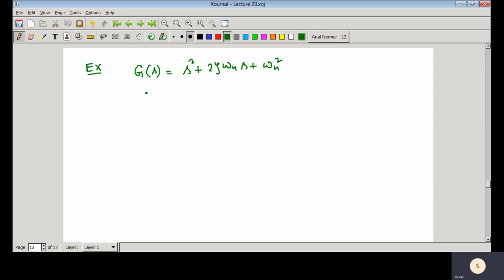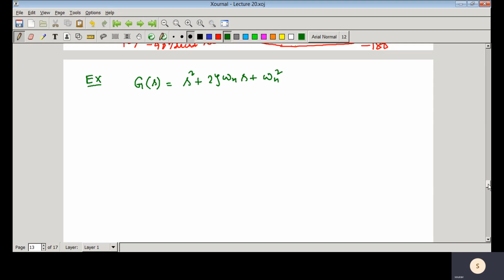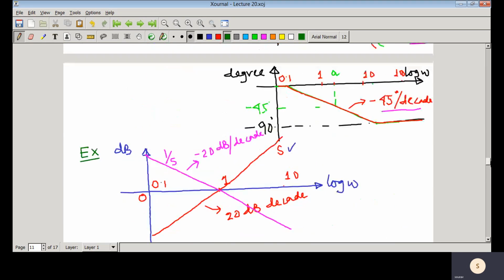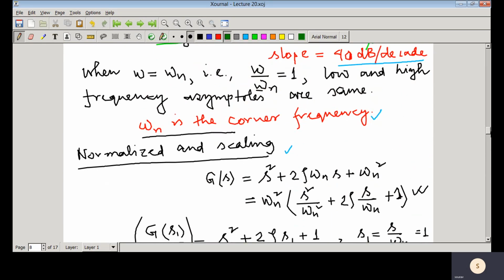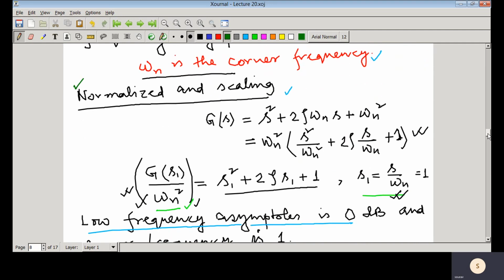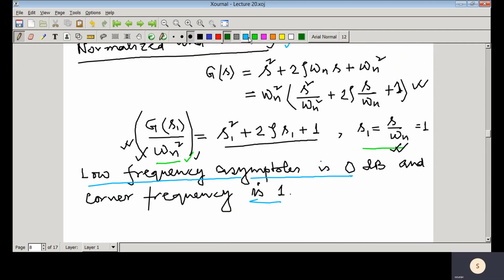We have seen represent it in normalized and scaling form that we have discussed. So here we can write it in this particular form.